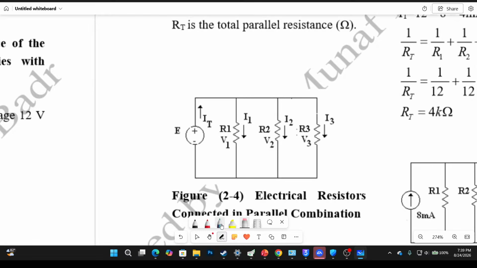So now we have our E to be equal to V1 plus V2 plus V3.